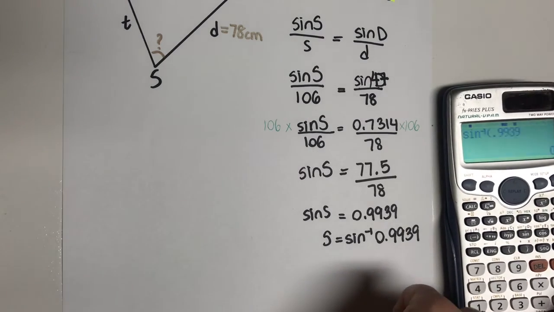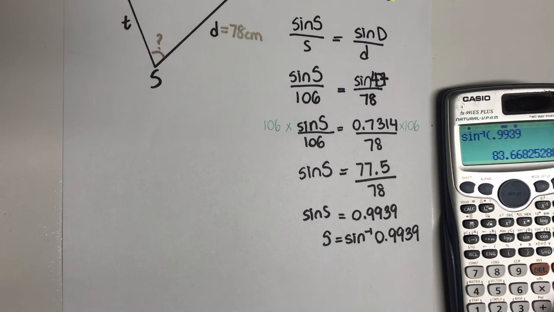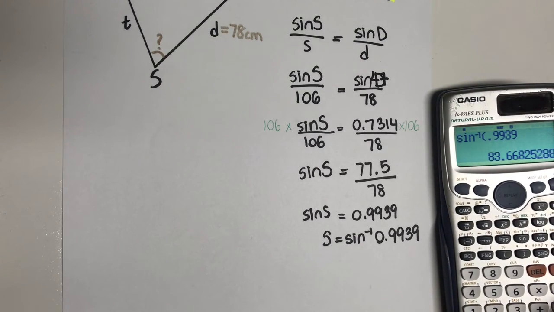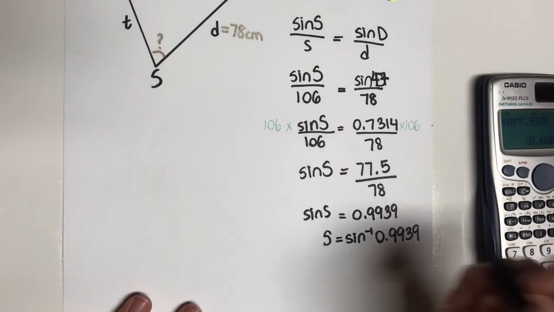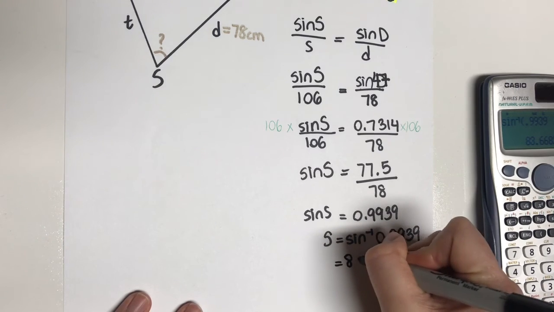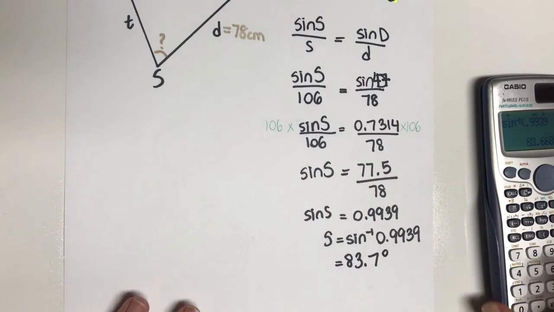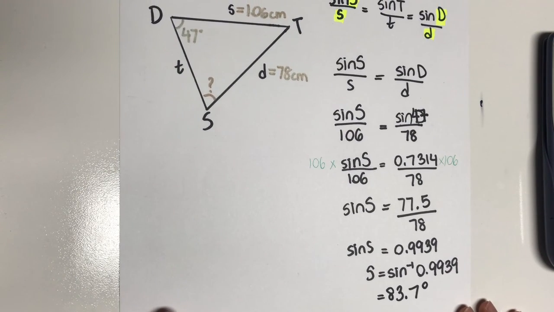That gives me, and I'm going to round to 1 decimal place since it doesn't specify, 83.7 degrees. So I put the degree symbol. Okay, so that's how it goes.